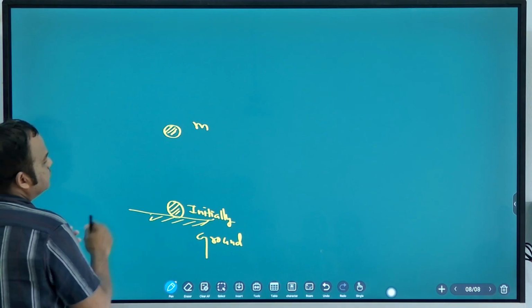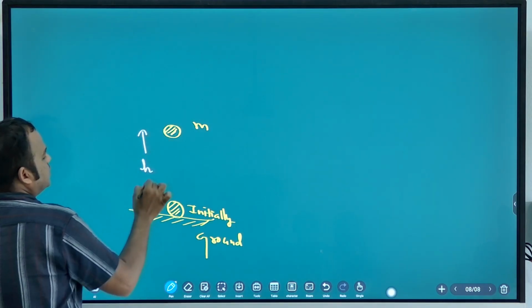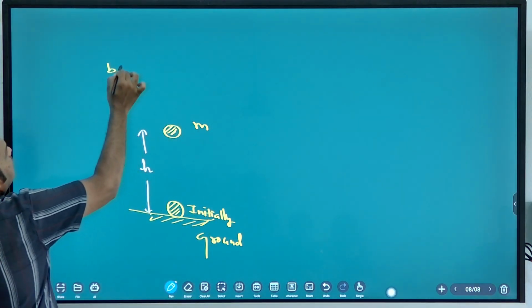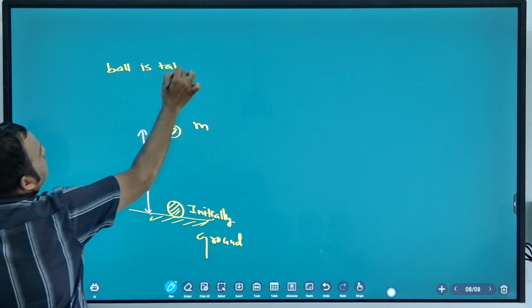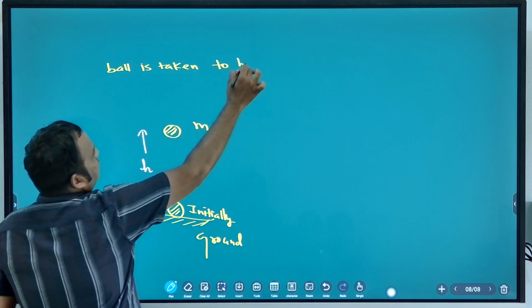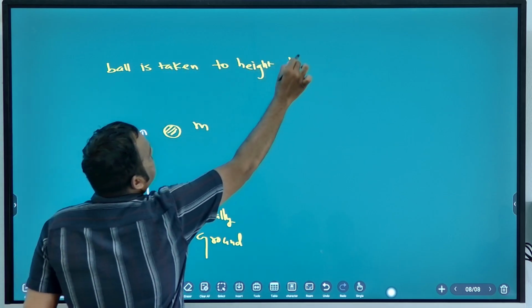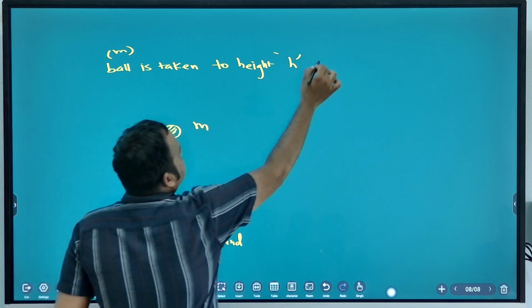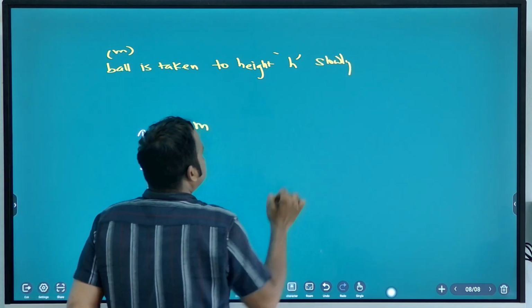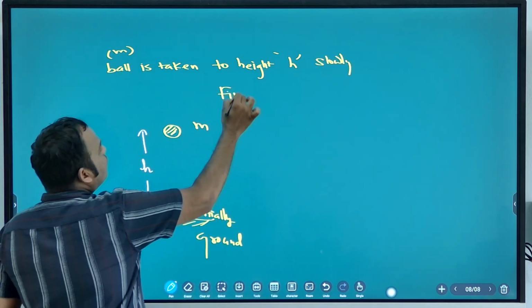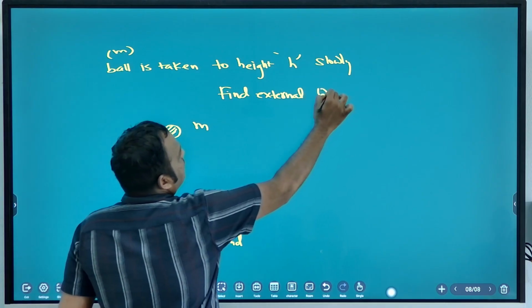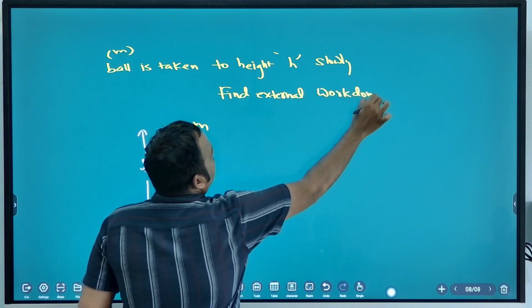H. You are taking it to height h slowly. Find the external work done. How much external work is done? Tell me.